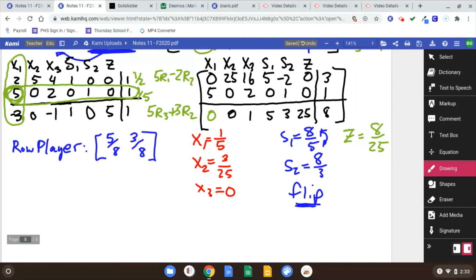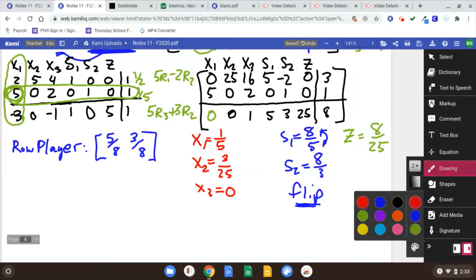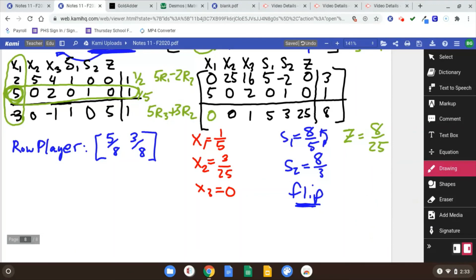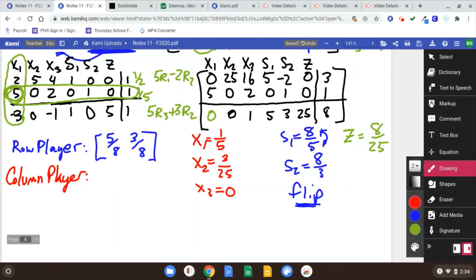The column player is a little bit tricky because we have to do something weird with those X numbers, okay? So for the column player, we take those X numbers times the reciprocal of Z. So each of those X numbers we're going to multiply by 25 over 8. That's this Z number flipped.